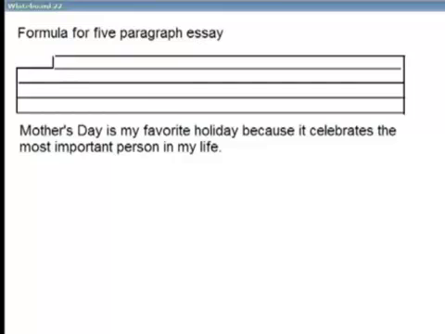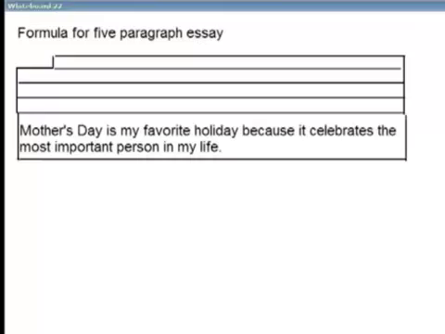The paragraph that contains your thesis is called the intro paragraph, and the entire purpose of that paragraph is to lead up to this thesis statement right here. So be sure to make the thesis statement the last sentence in your introductory paragraph. So we will label this the intro just like that.